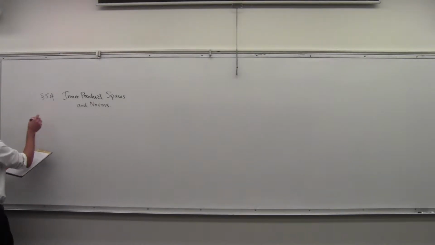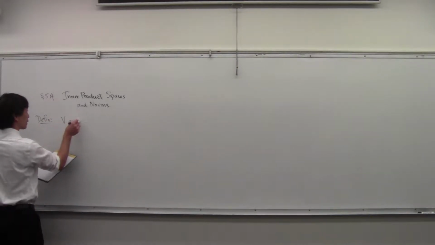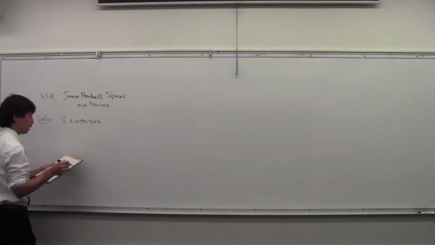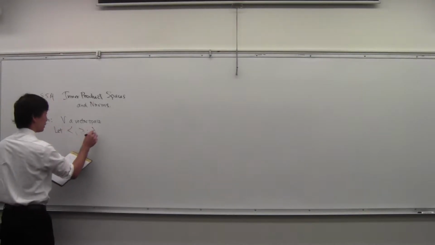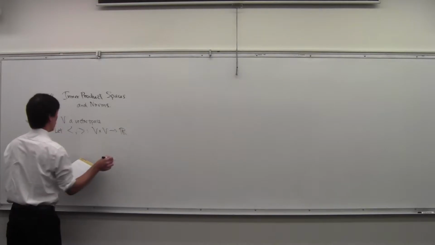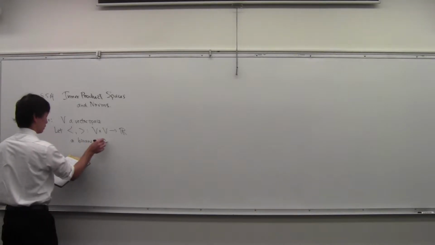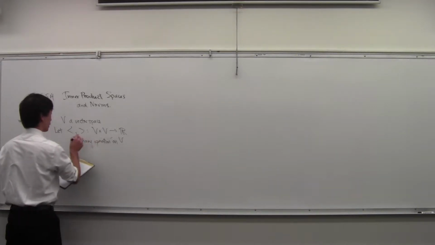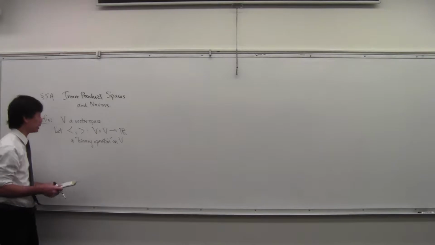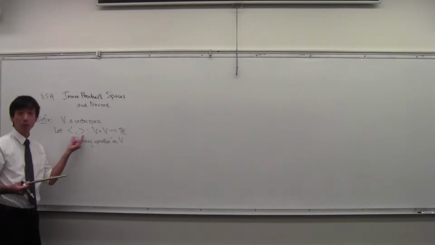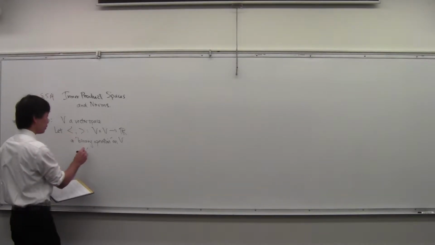Okay, so let's just give the definition first. So V, a vector space, and you have something that I'm going to write like this: V cross V to R. A binary operation on V. Okay, so the notation may be kind of strange, but what we mean by this is that you have a way of sort of multiplying two things.